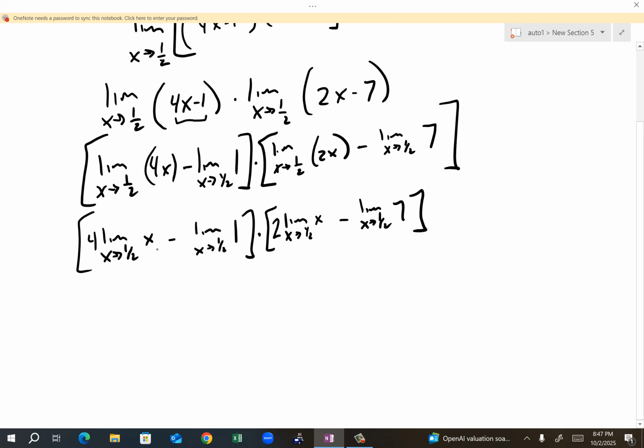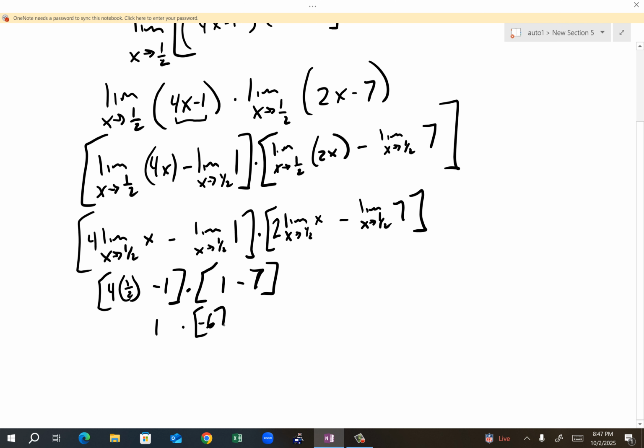What is the limit as x approaches 1/2? It's a half, a half times 4. Now, what is the limit of 1? Well, 1 doesn't change. So exactly, minus 1. This one here, what is the limit as x approaches a half? Well, it's a half times 2, which is 1. And what is the limit of 7? Last I checked, it is 7. And so that is going to be 2 minus 1, which is 1, times negative 6. Lo and behold, it's negative 6.